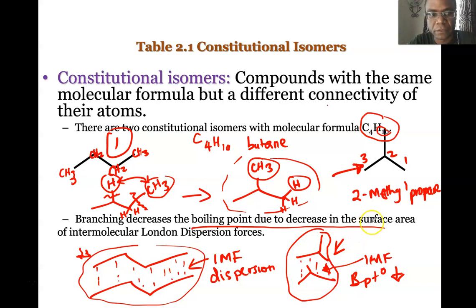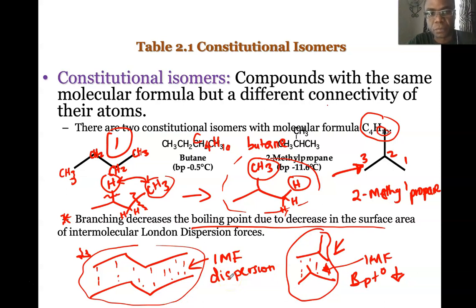Okay, because you are decreasing the surface area of contact of the intermolecular forces. So in other words, simply put, branching decreases boiling point and melting point due to decreasing surface area of intermolecular London dispersion forces.